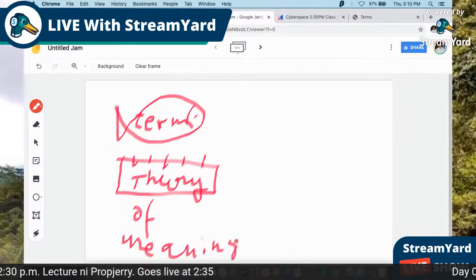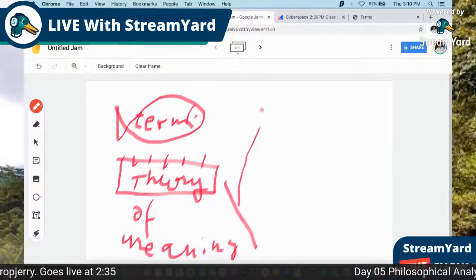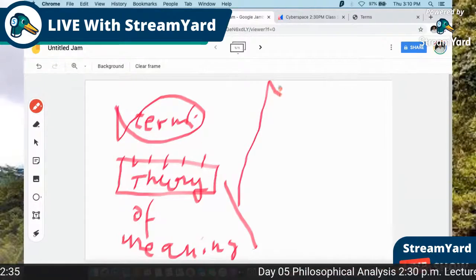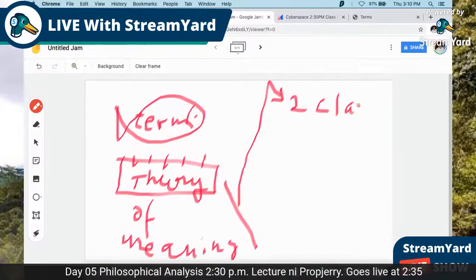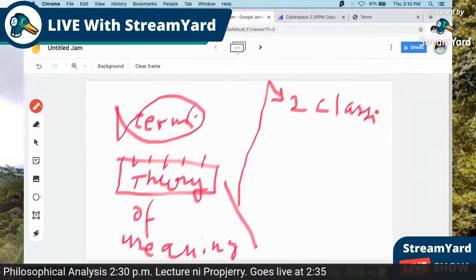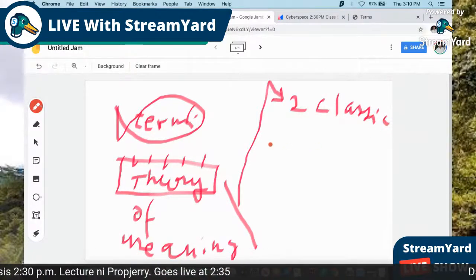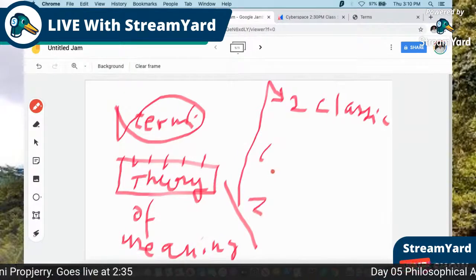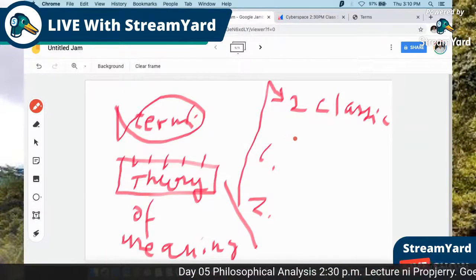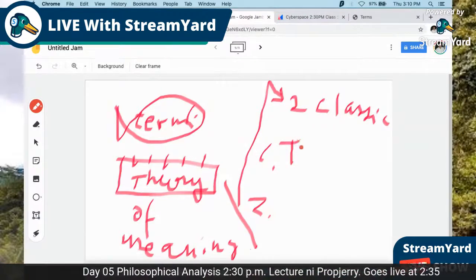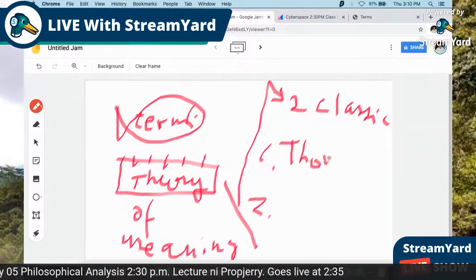And here you have your theory of meaning, and there are two of them as far as we are concerned. There are two classic theories of meaning. One of the theories has been made popular by Thomas Hobbes.